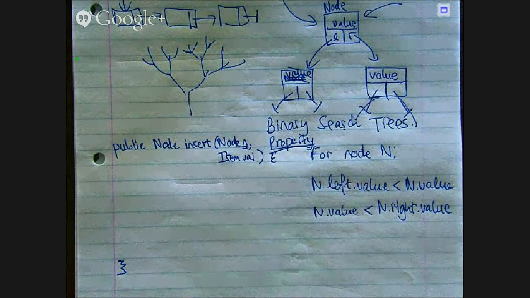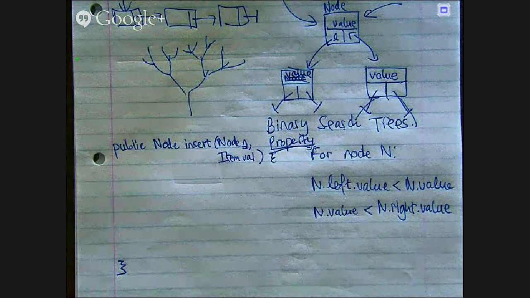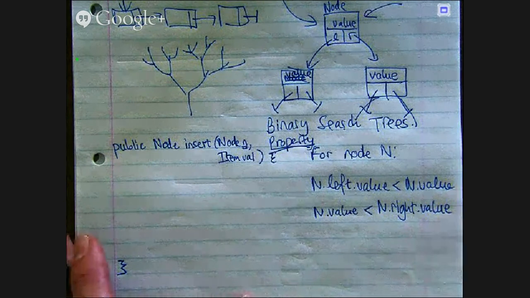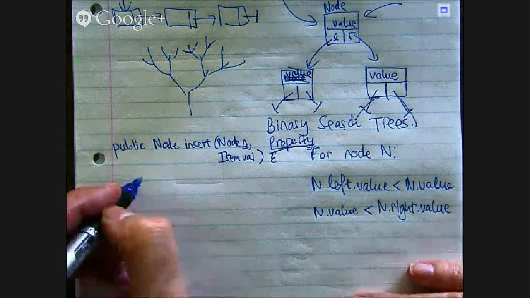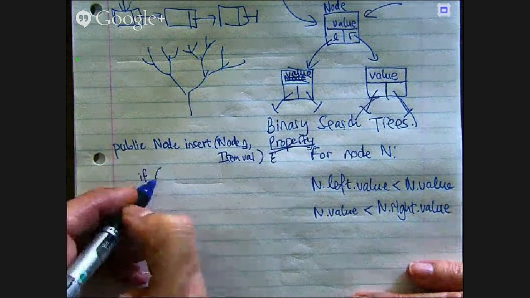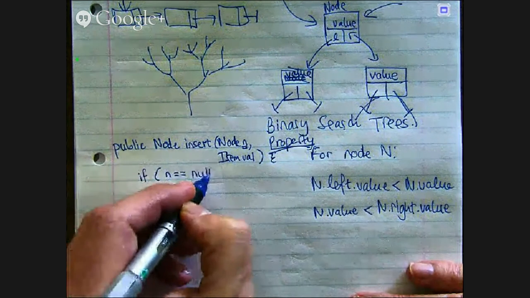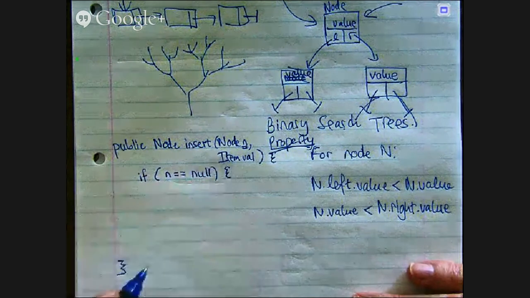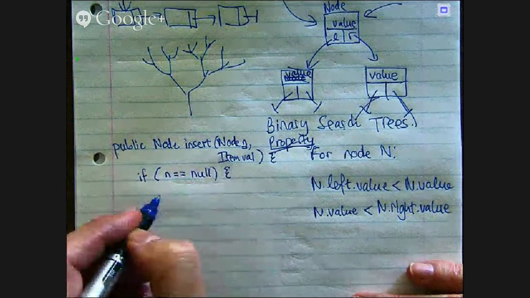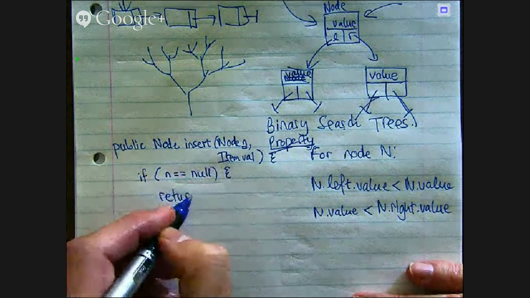I'm going to stop in a few seconds, but I just want to write the first sentence, which I hope you'll find interesting. So if I'm asked to insert something into an empty tree, then I'm not going to use recursion.